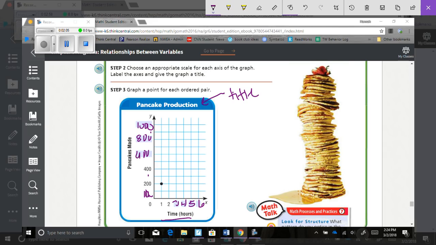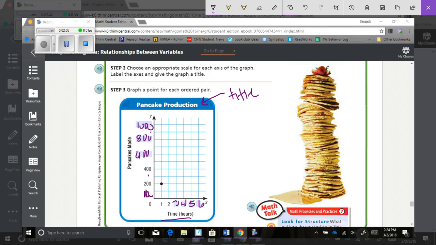They didn't just go 1, 2, 3, 4, because if we had to do that all the way up to 1,000, that would be a massive piece of graphing paper. So instead, they just did it by 100. Each line represents 100. That would be the appropriate scale, and then they had to label the axes. They labeled the y-axis pancakes made, and the x-axis time in hours. And then the third step was the title.